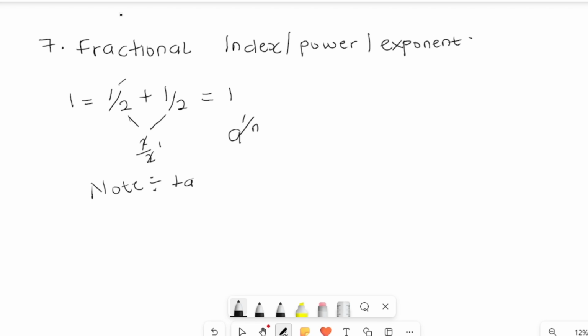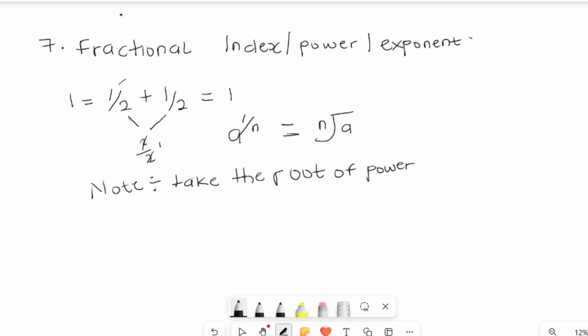Anytime you see an index or a power, you simply take the root of the power. So now our answer will be equal to the n-th root of the base a.